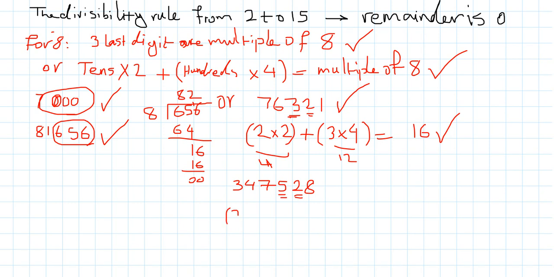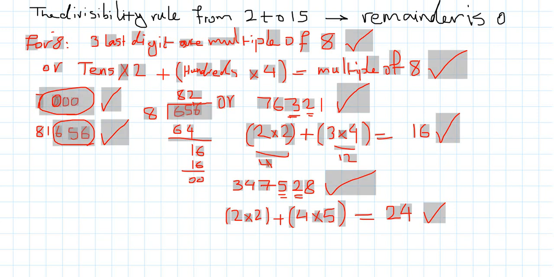So 2 times 2 10th place value plus 4 times 100th place value. 2 times 2 is 4. 4 times 5 is 20. So it is 24. We know 24 is divisible by 8. So this number is divisible by 8. Easily we can find.